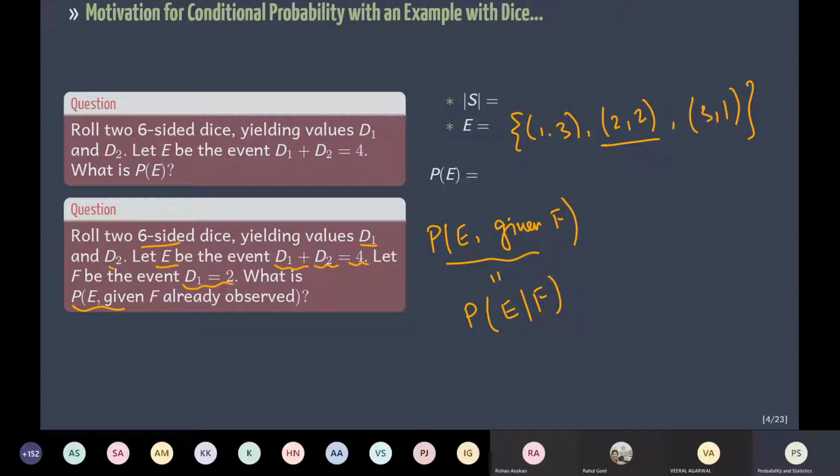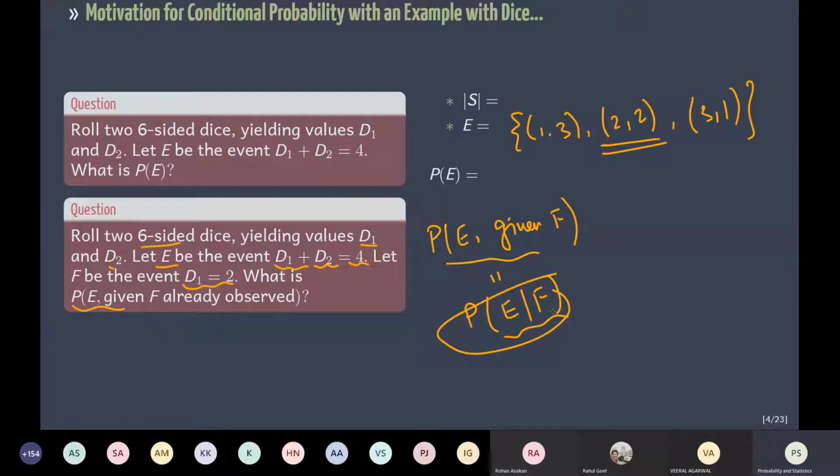Our sample space is reduced, so it will be (2, 2). The cardinality of the set E, given that F has happened, will be 1. That's how your sample space will reduce here.